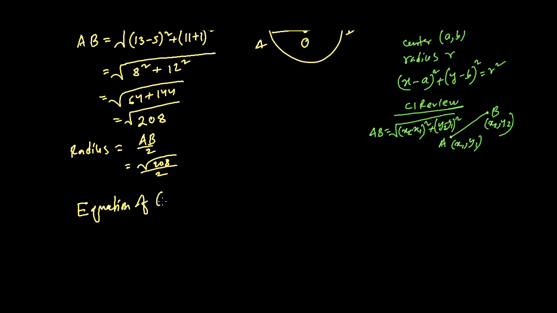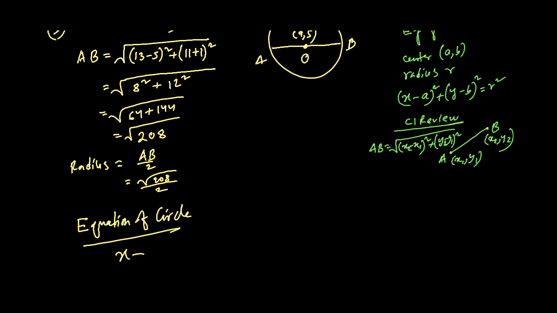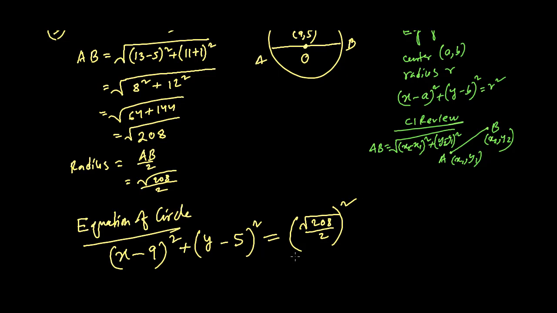Equation of the circle: x minus x coordinate of the center, which is 9, whole squared, plus y minus y coordinate of the center, which is 6, whole squared, equals radius whole squared. Now this radius is the square root of 208 divided by 2, whole squared.